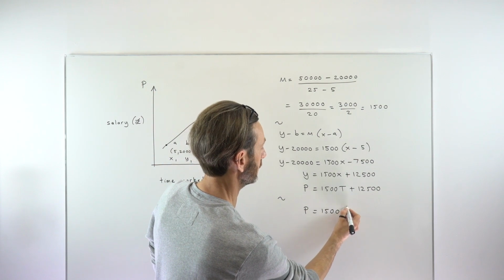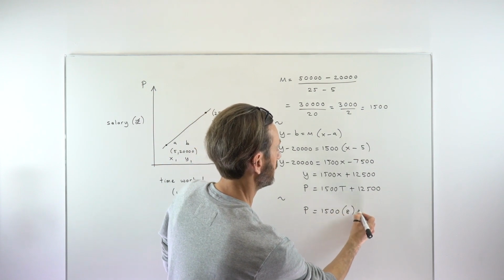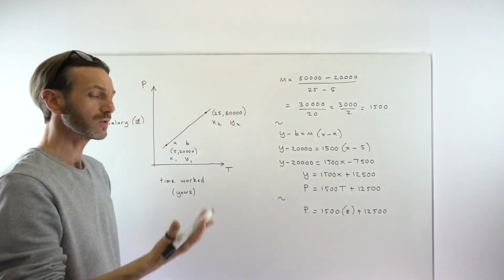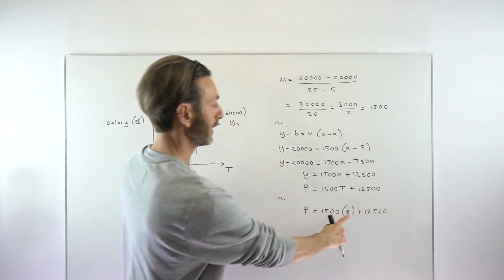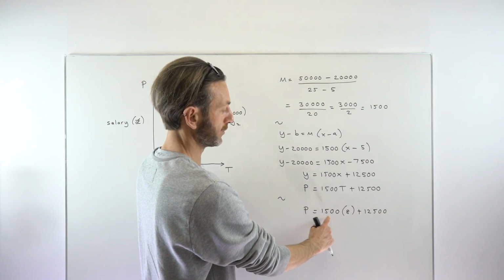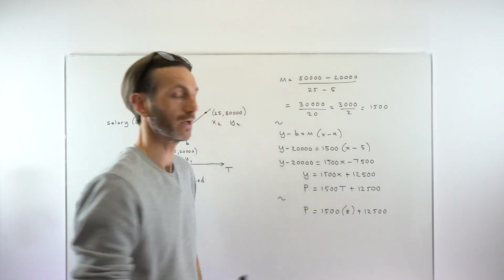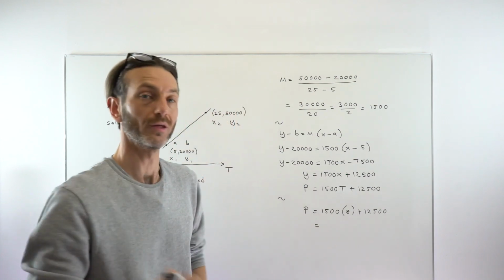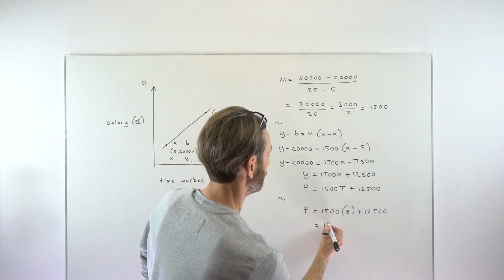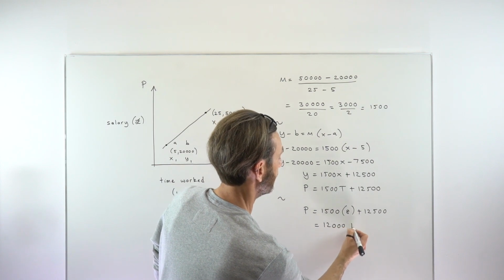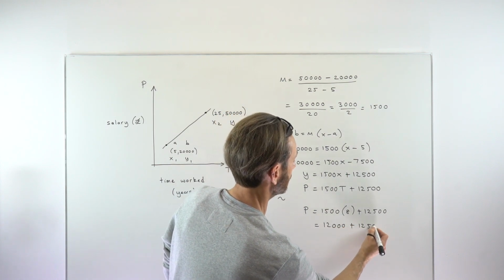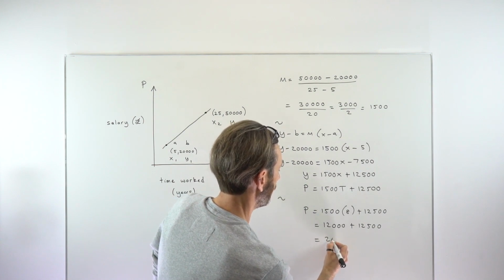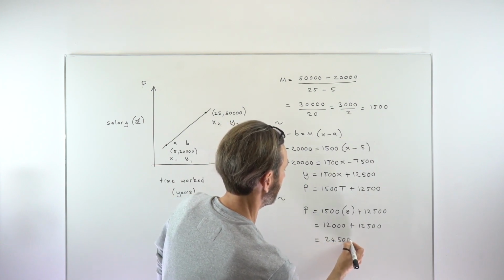So it's going to be 1,500 times 8 plus 12,500. Slightly awkward numeracy again, so 8 times 1,000 is 8,000, 500 times 8 is 4,000, so together that's going to be 8,000 plus that 4,000 to give you 12,000. We're going to add that to the 12,500 just to get a final total of 24,500.